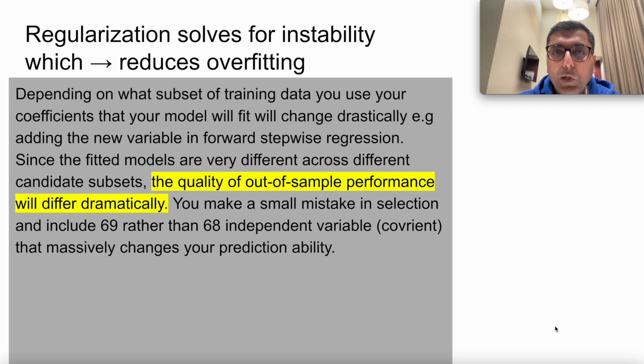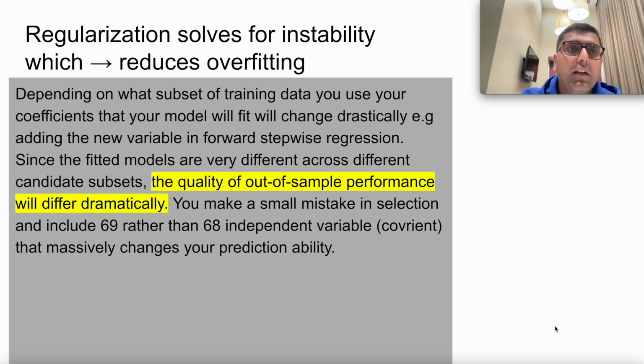That is the problem of instability. If I were to pick the k-1th bucket for testing, it is a different number, and very different if I were to pick the k-2 bucket. And in forward stepwise regression, 69 versus 68 variables could be significantly different. That's a big problem. You've done so much work and you don't know when your algorithm becomes unstable.